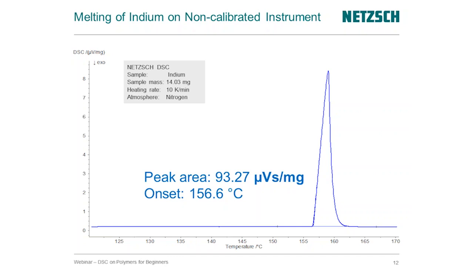It has nothing to do with the mathematics. It's just which way you prefer to think about energy. In this case, we see energy being put into the sample to melt it, and so I think some people like to see endotherms going up. If you prefer to think of it as heat going out, if it's an exothermal behavior, then you might like your exotherms to point upward. So it's just a point of preference.